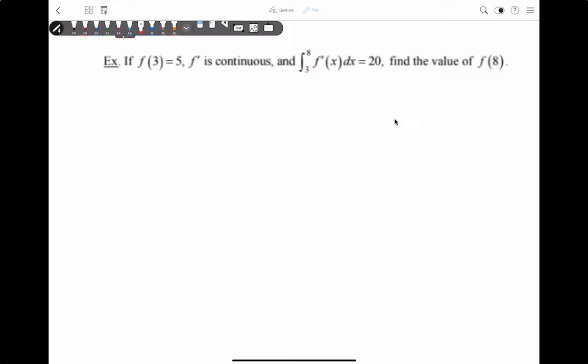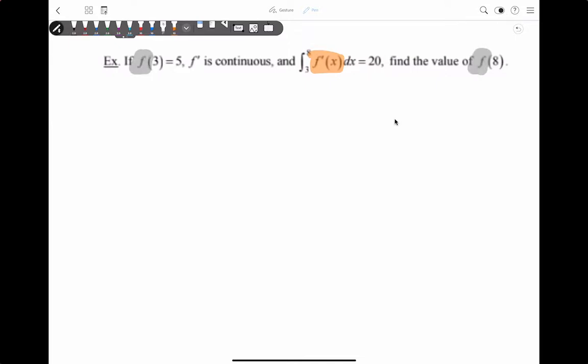We have, if f of 3 is equal to 5, and f prime is continuous, then the integral that we're given from 3 to 8 is equal to 20, okay? And we want to find the value of f of 8. So here we go again. What we should identify is we have an f prime of x going on, but then we also have two positions that we're working with.